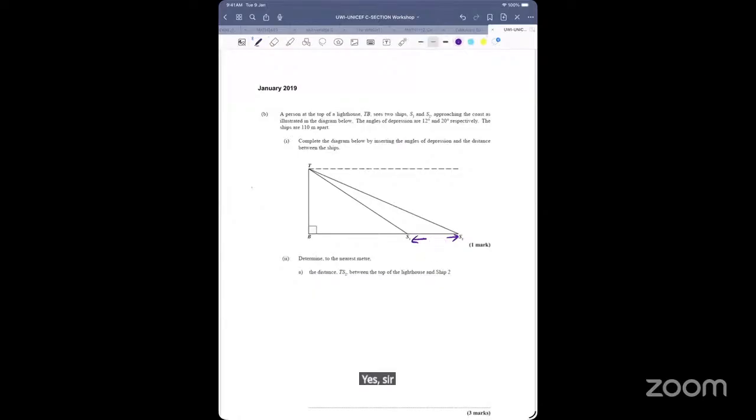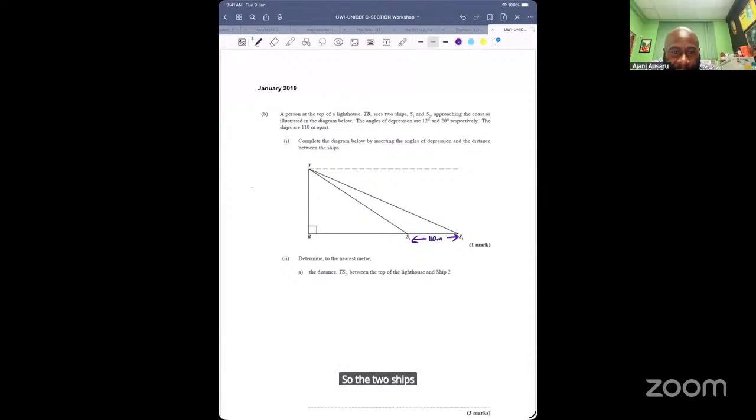So the two ships are 110 meters apart. All right, lovely stuff. The angles of depression are 12 and 20 degrees respectively.